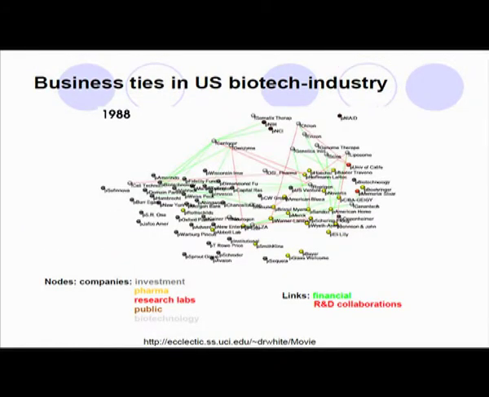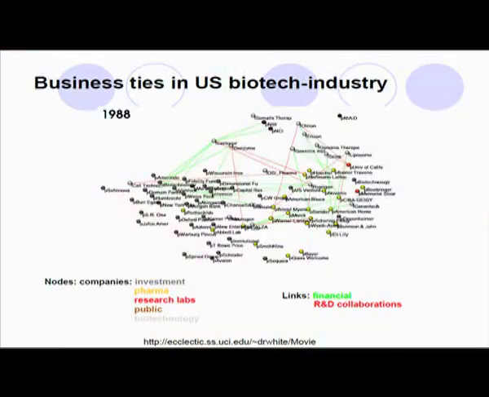But before we go into all those quantifications, it is good to motivate ourselves that complex network structure can give you good indications of the structural properties and the dynamicity of a particular complex system. In this slide, I give an example of the business ties that were formed in the US biotech industry in the year 1998.